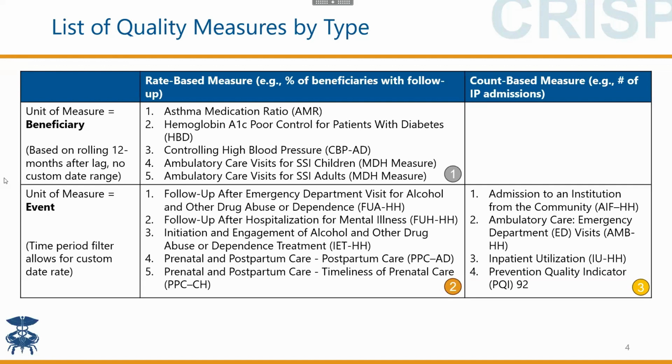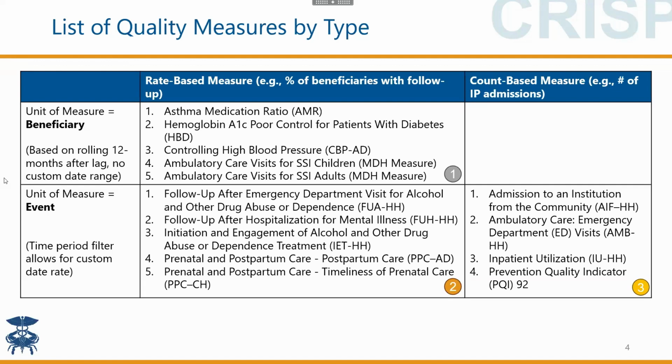That's different from the event-based measures, which are shown on the bottom of the screen, where the unit of measure is an individual event. So this enables users to look over a specific time period to look at, for example, the follow-up after emergency department visits for alcohol or other drug abuse or dependence.